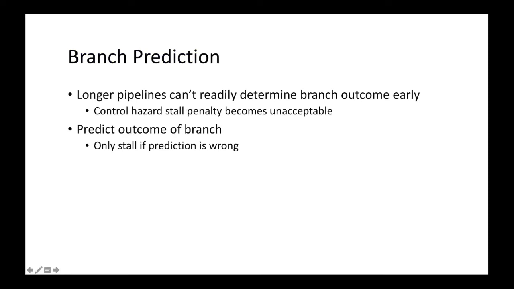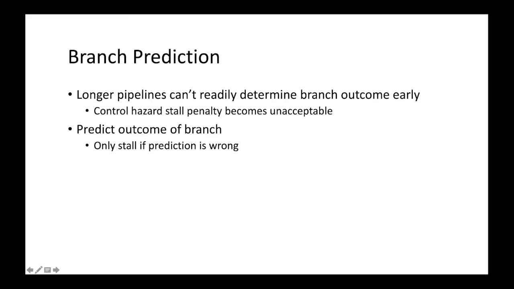A technique to minimize control hazard is branch prediction. The idea is to predict the outcome of the conditional branch and go ahead and fetch instructions based on the prediction instead of waiting. If the prediction is correct, there would be no stall or bubble in the pipeline.